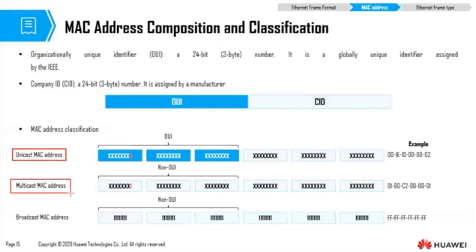So as I said, if you Google around, you can see how to change the MAC address of your NIC to use a temporary one, for example. So in case two of you in the same network segment have the same MAC address, you cannot communicate. So also remember that. Okay.